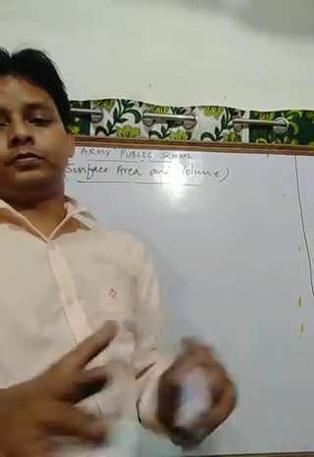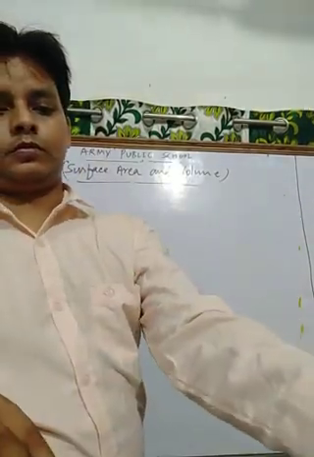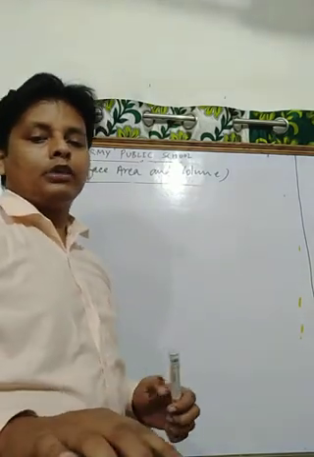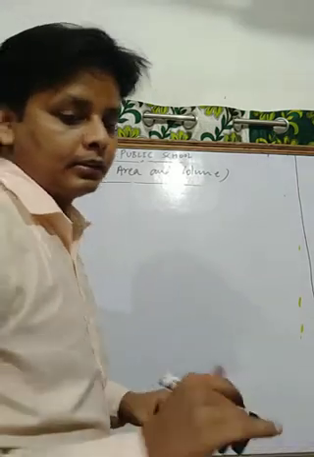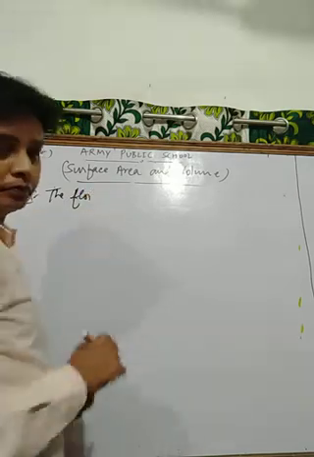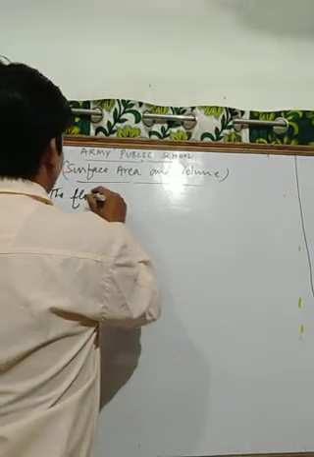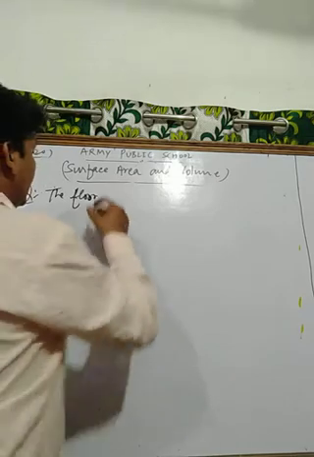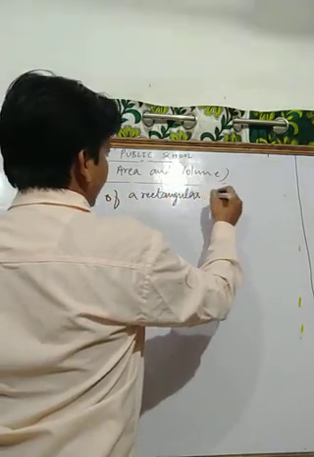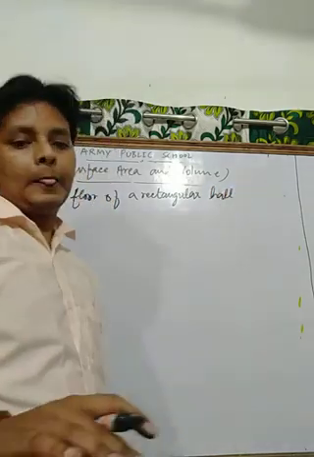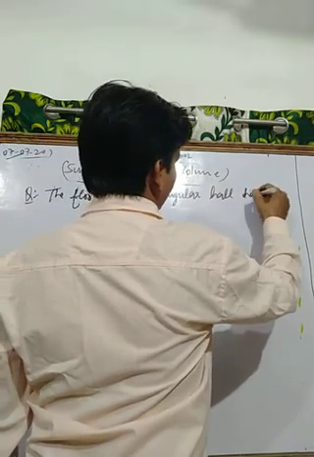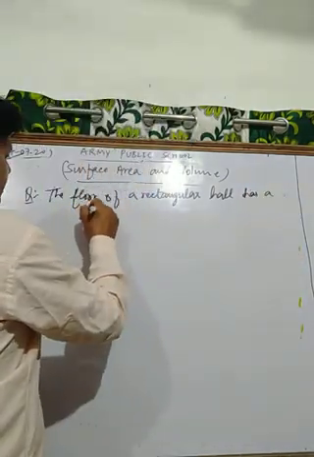Let's see the next question. The floor of a rectangular hall has a perimeter of 250 meter.